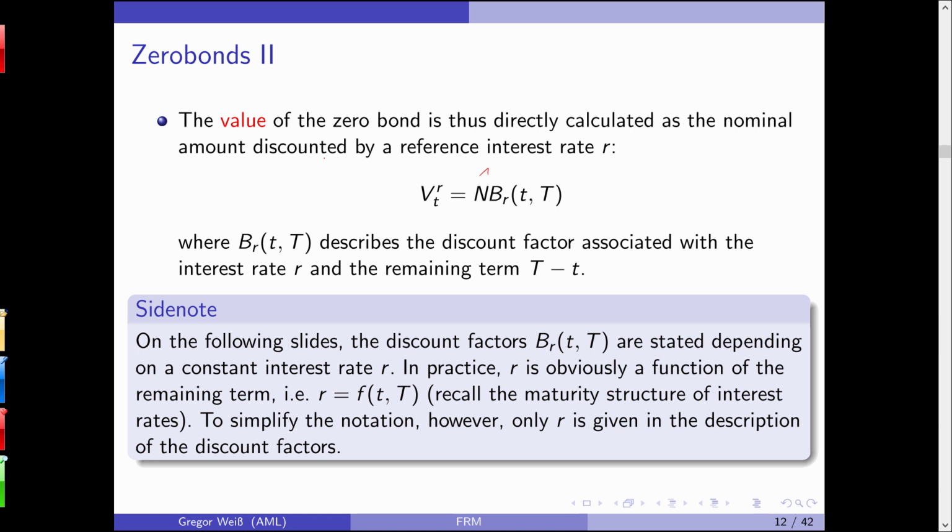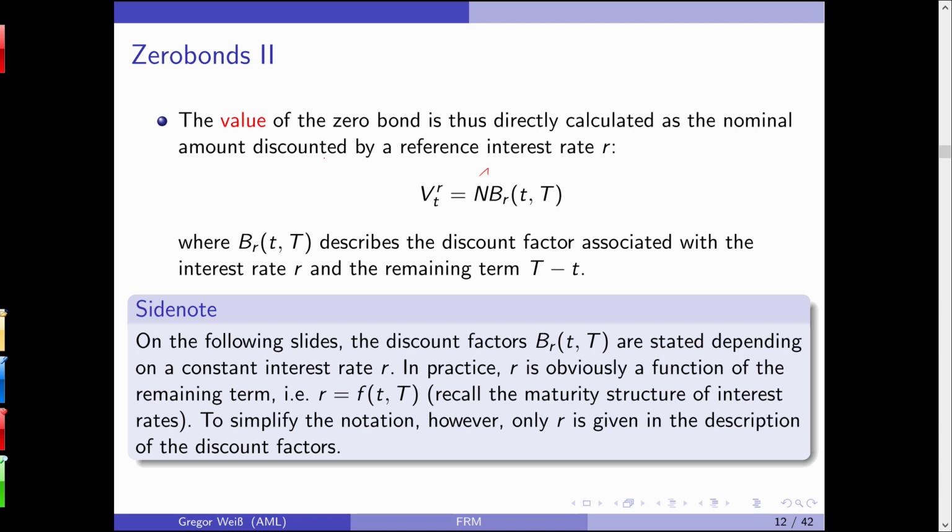Now, we're making one simplification here. In this notation, we are assuming that there is a fixed interest rate R. In practice, of course, this will never be the case. We will have interest rates that change with maturities. For example, 2% for 1 year, 3% for 2 years, and 5% for 20-year maturity.